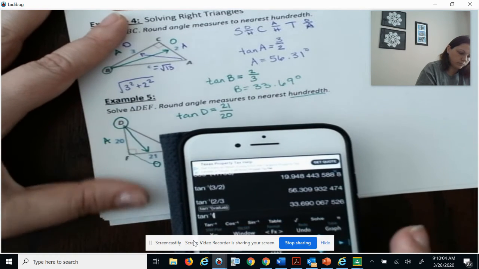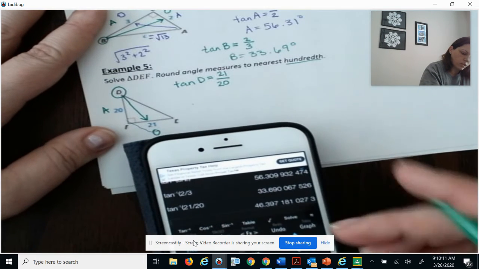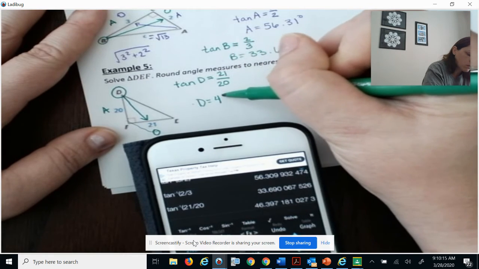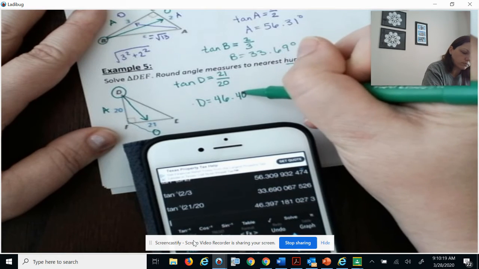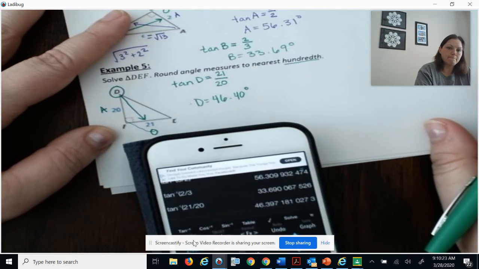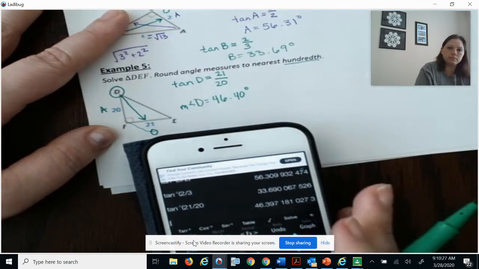Second tan, 21 divided by 20, it's 46.397, which rounds to 46.40. I should be writing measure of angle D.